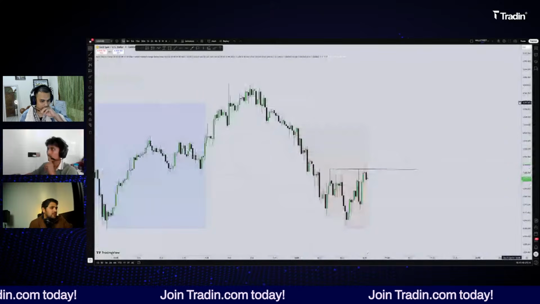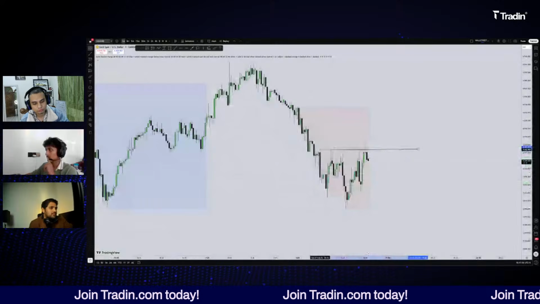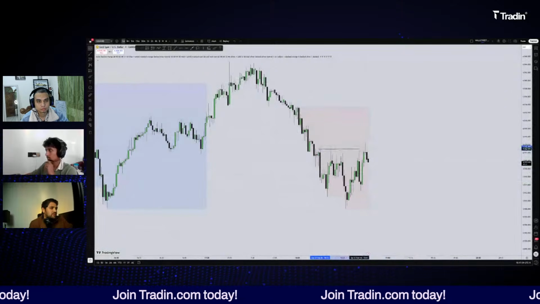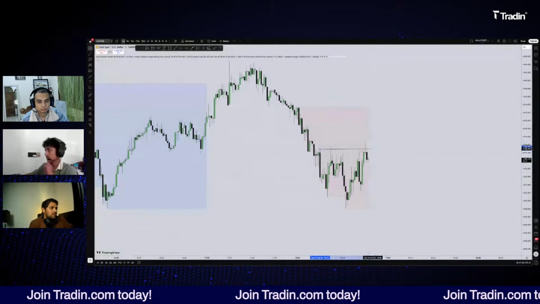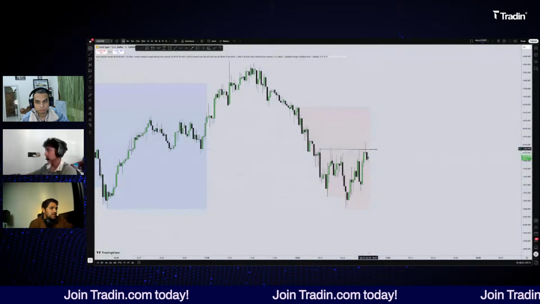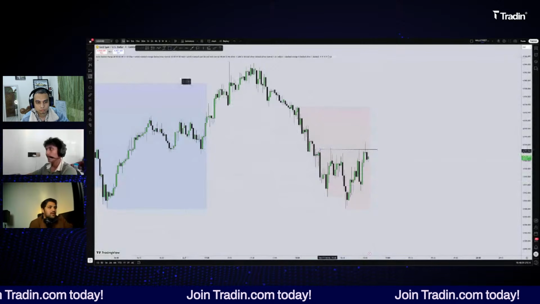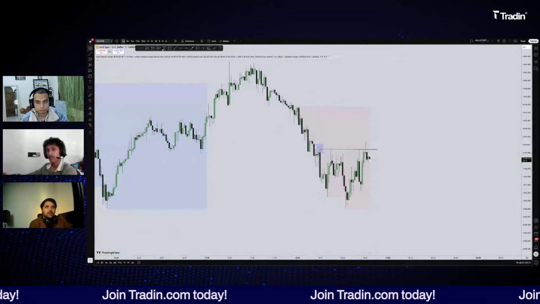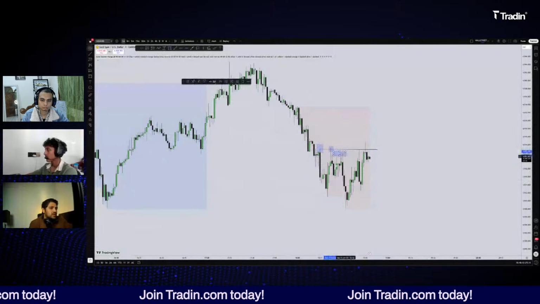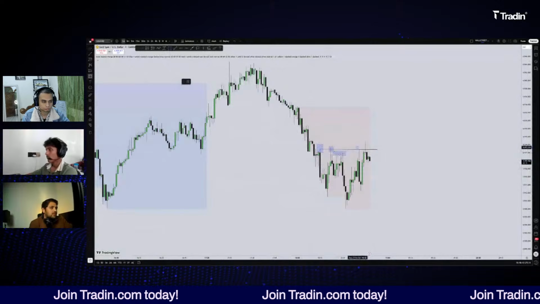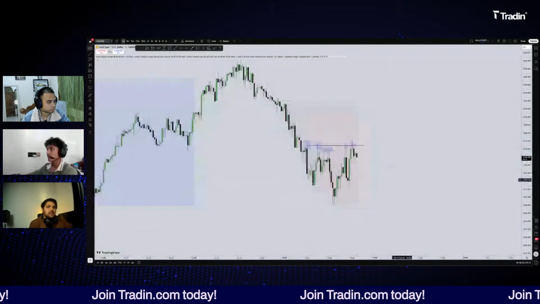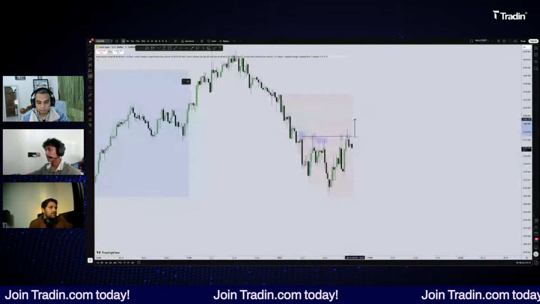It's been an area of rejection right from here, right? So this is kind of like a market structure shift for me. And for gold to do a market structure shift, it has to close above this 1 minute rejection area. See, we had one tap right here, we had another right here, a couple of rejections right here as well, and then this, and now we have this rejection. So I want to see one candle closing above, right?